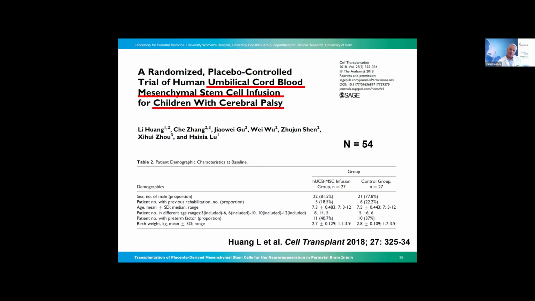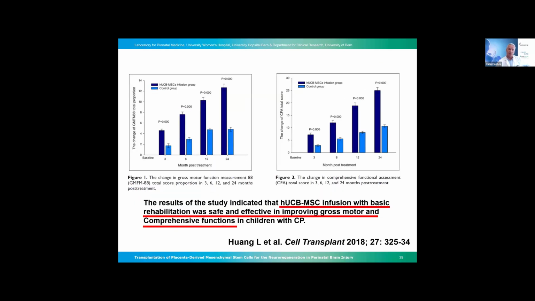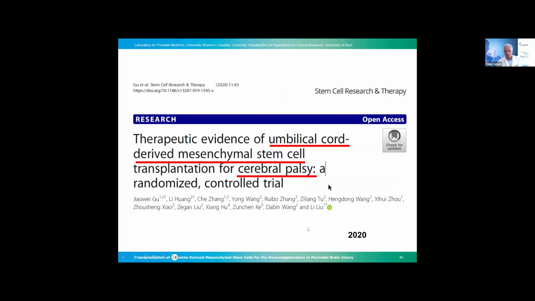This study, again, here now for the first time, they used mesenchymal stem cell infusion, again in children with cerebral palsy. Also here you can see, as compared to the control group, how the effect is to improve motor and cognitive function, comprehensive function, and they were all again children with cerebral palsy.